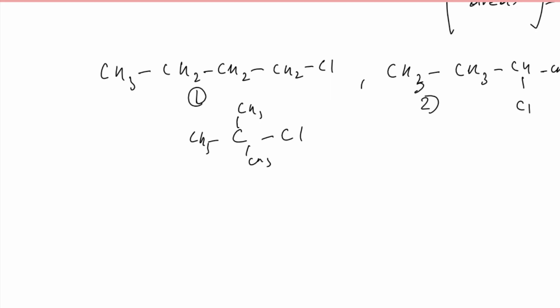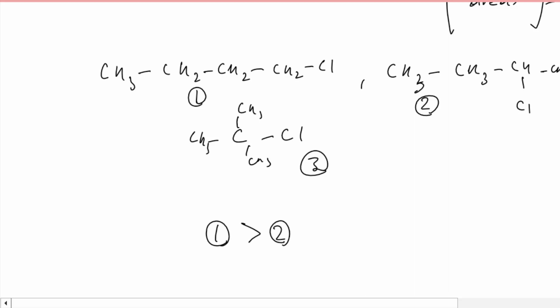This can be numbered 1, 2, 3. So branching is maximum in tert butyl chloride, so it has the minimum surface area. Maximum surface area is with compound number 1, that is butyl chloride, so 1 has the maximum boiling point, then 2, and then 3.